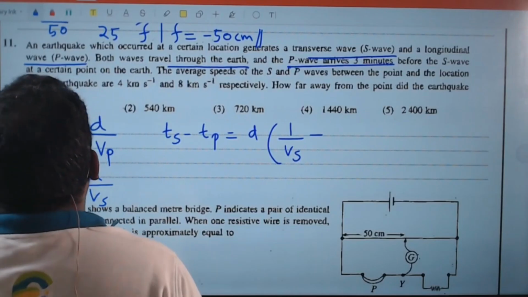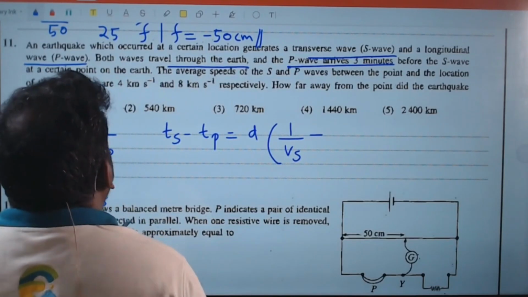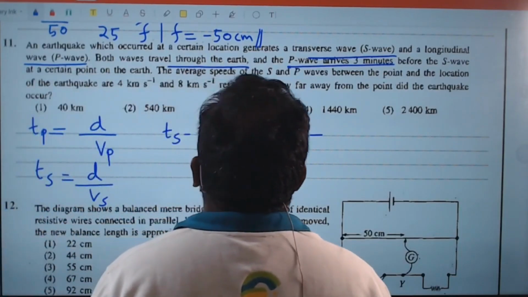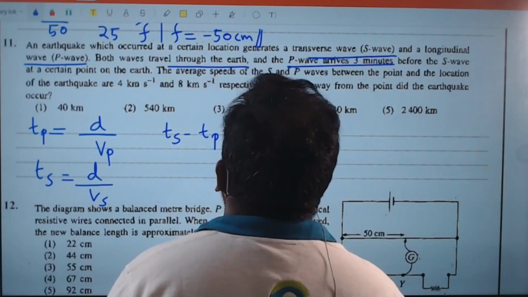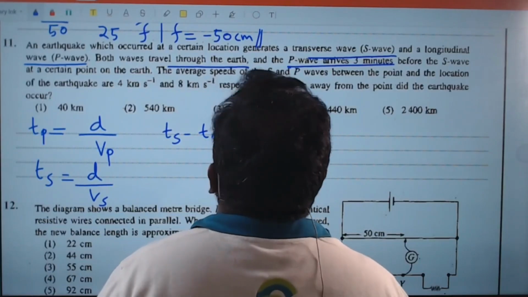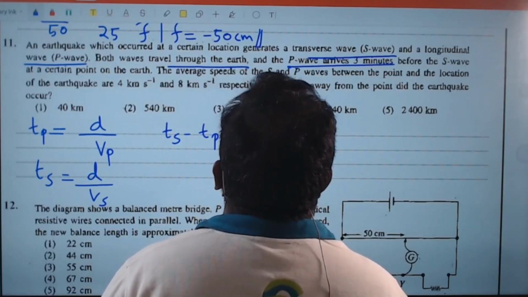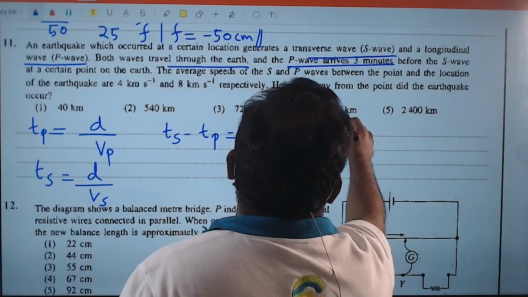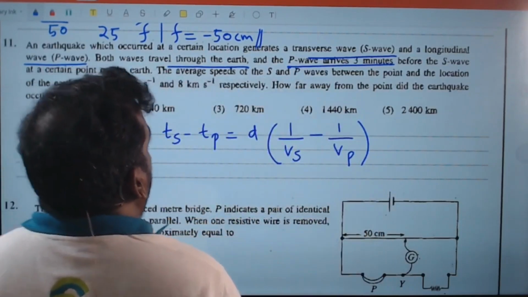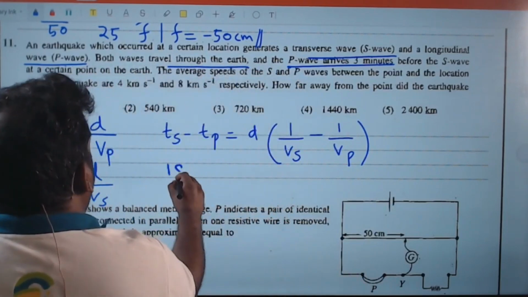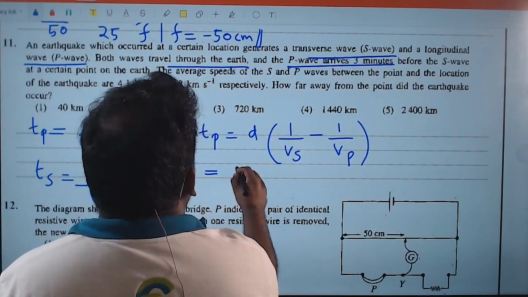Time taken is shorter for primary, longer for secondary, right? They are telling you secondary waves 4, primary waves faster, right? So what is the time gap? 3 minutes, 180 seconds. Distance we don't know.